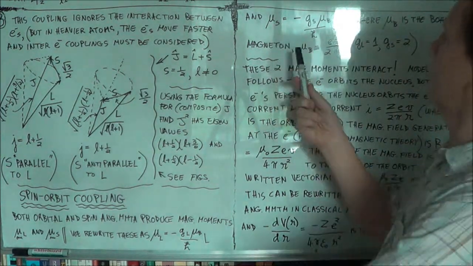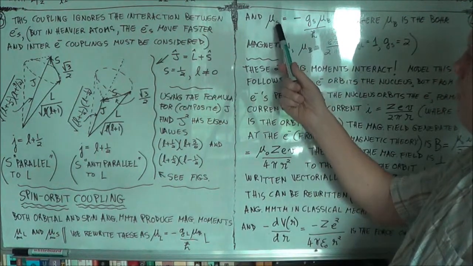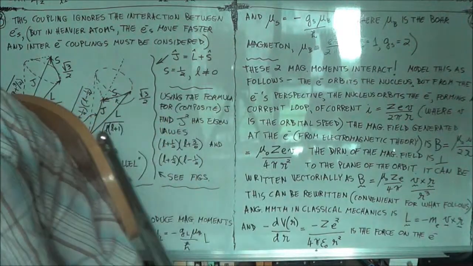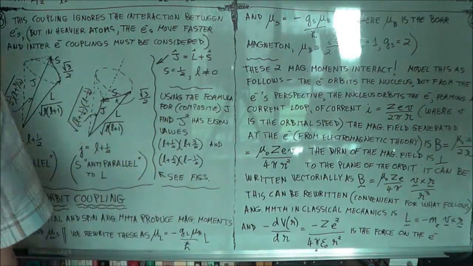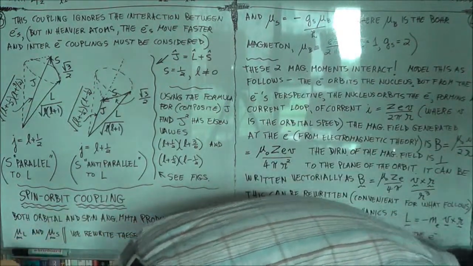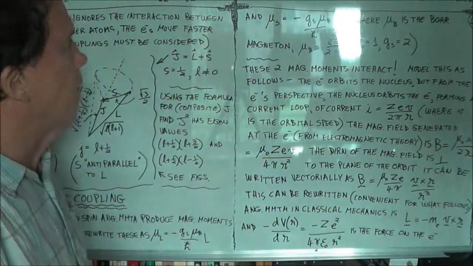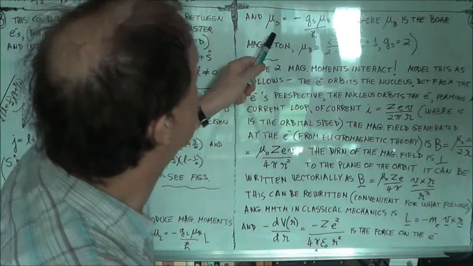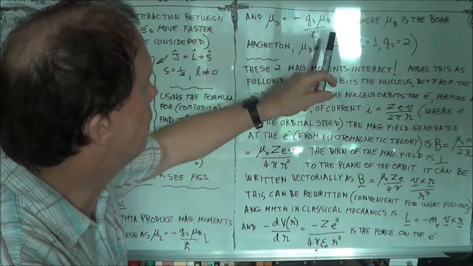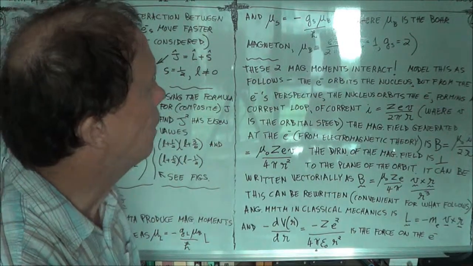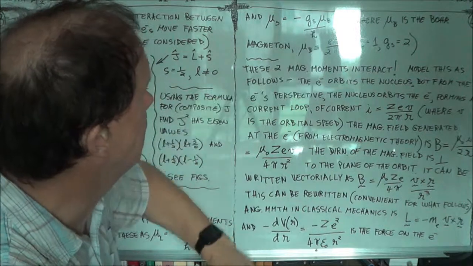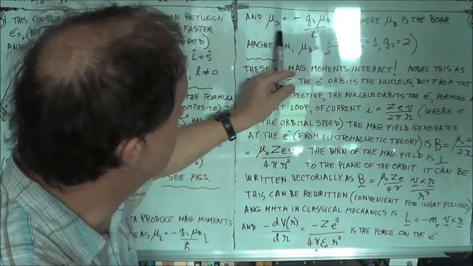Now we have a similar expression for the magnetic moment due to the spin. So here's your spin, and again the Bohr magneton here, and this g S here, which in the case of spin, is 2.